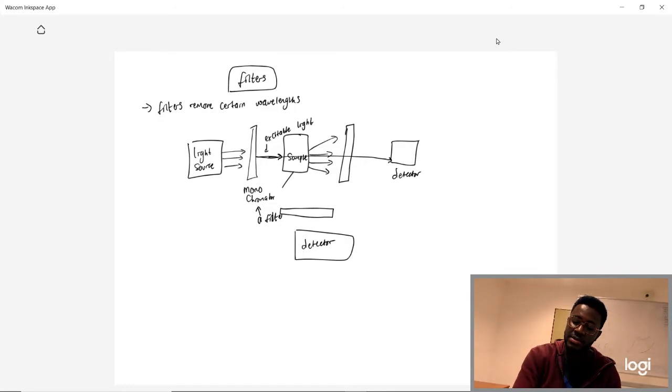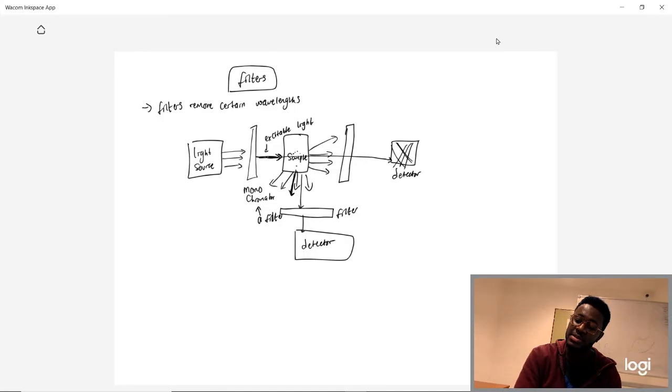So it passes through here and then reaches the detector. Some of this light is going to scatter in the sample, and then it's also going to go in this direction. If it goes in this direction, we want this filter to remove the light that scatters in the sample.